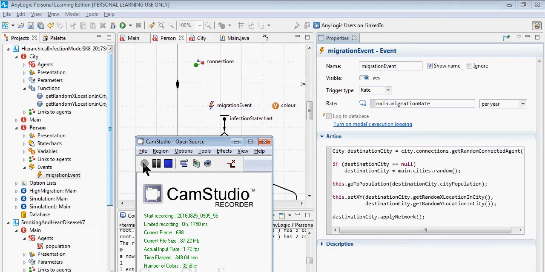AnyLogic also supports a very theoretically important construct called a scale-free network. And this is a network of great interest theoretically and of great practical interest in many areas because it captures patterns in terms of a power law distribution for the number of connections a given individual will have that are seen throughout nature and throughout human systems and social systems.